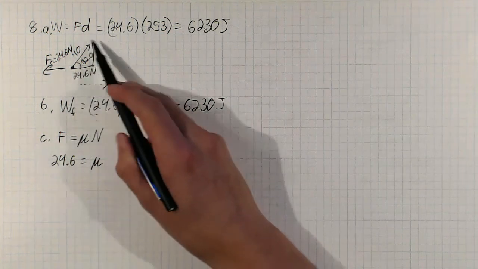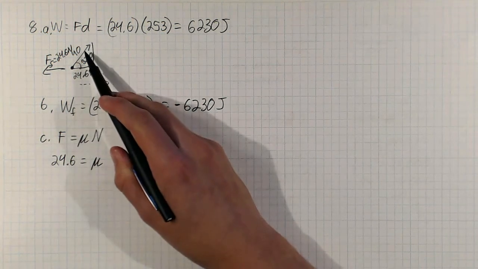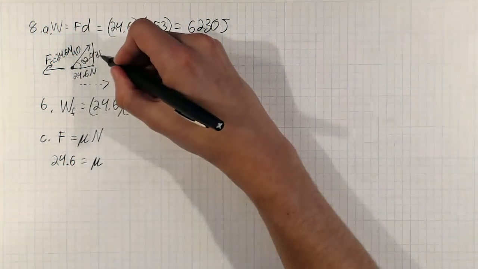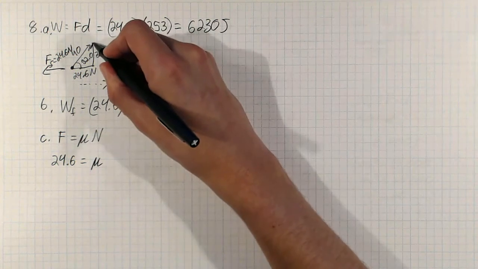if you look up at this free body diagram, you'll realize that the flight attendant is actually providing 31.5 newtons in the upward direction.